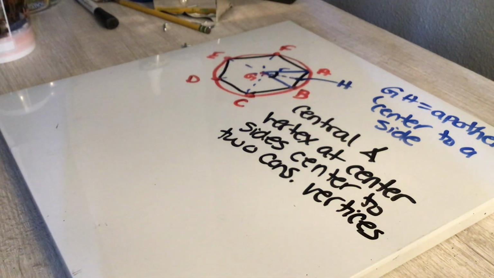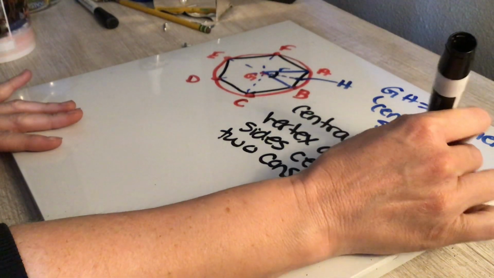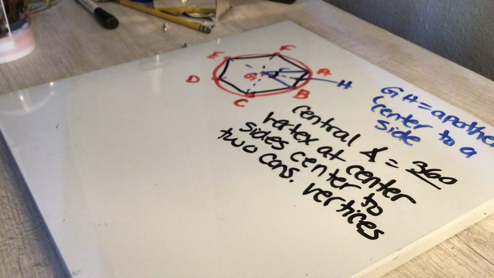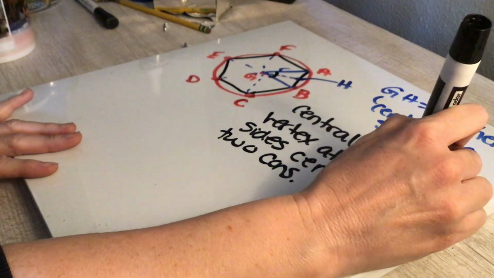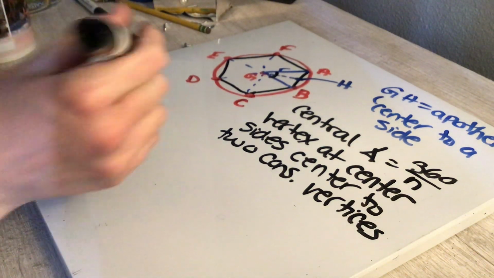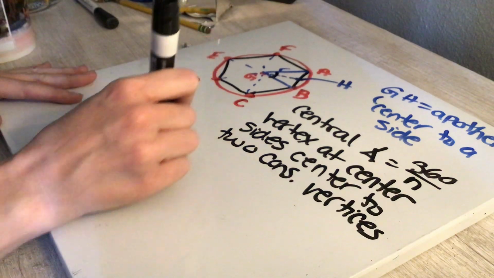So to find the measure of the central angle, it's going to be 360, because that's if I went all the way around the circle, divided by the number of sides. So then that ends up giving you this triangle.